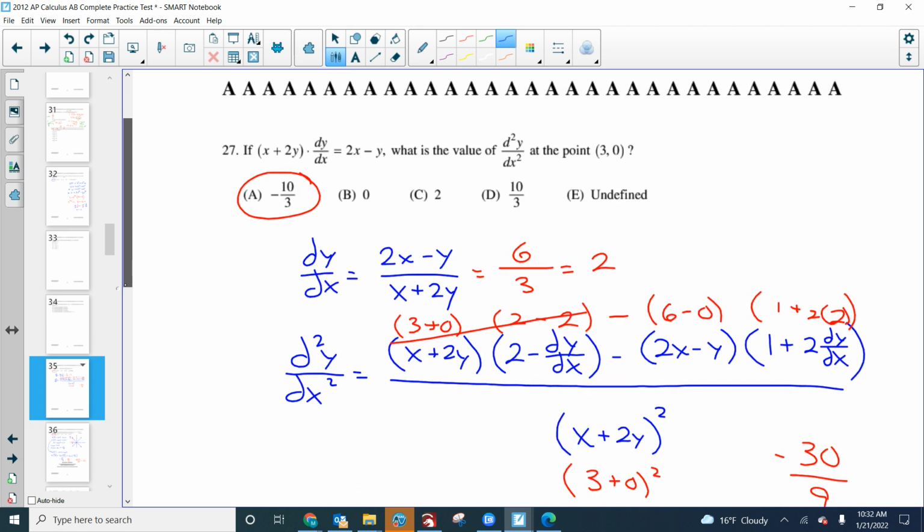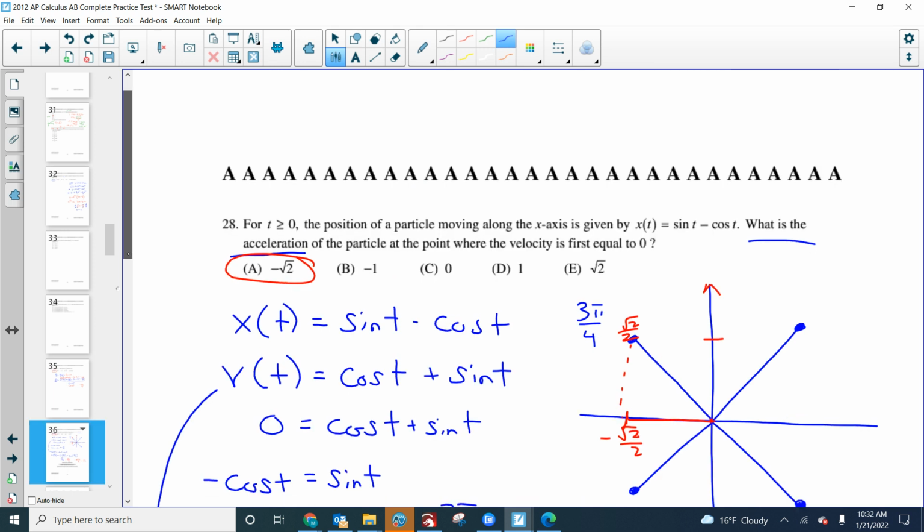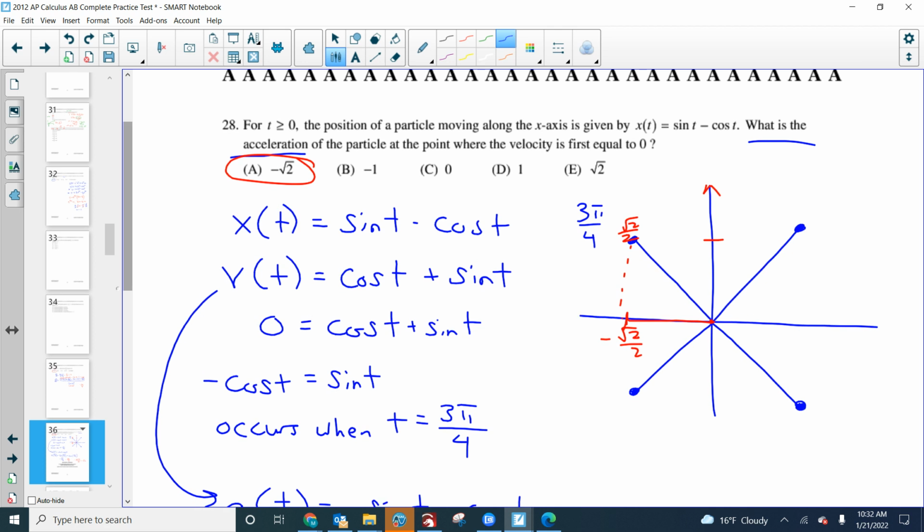Was 27 the next one? You guys did really well on 27. Surprisingly. Just kidding. All right, 28 was a wreck. All right, let me run through it quickly because I wasted a lot of time with the story and the game that wasn't really a game.